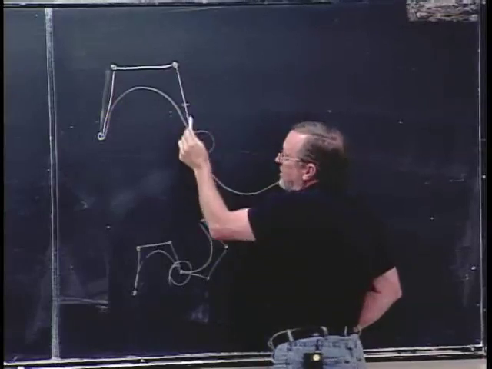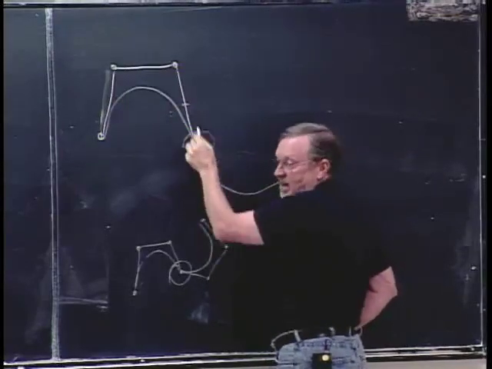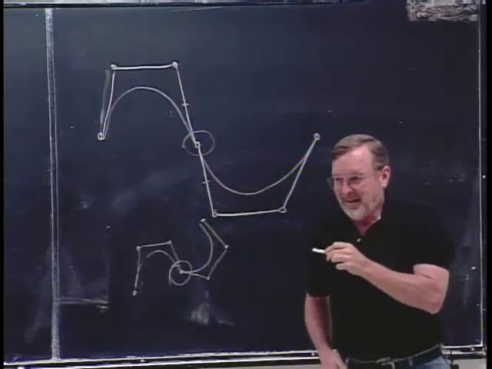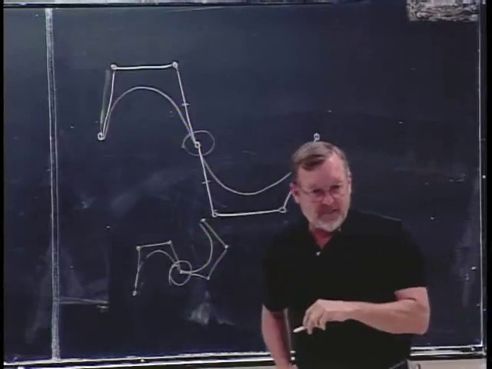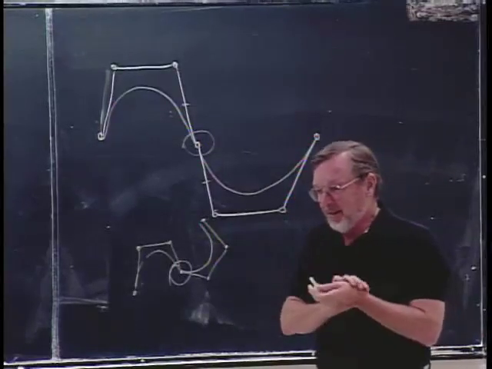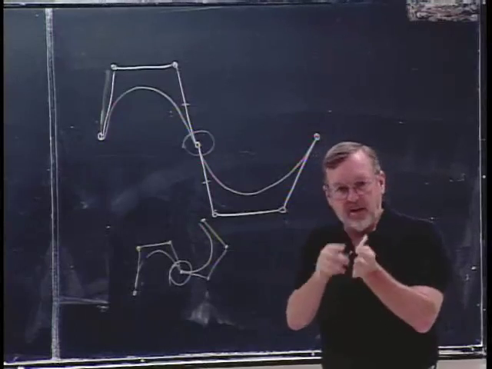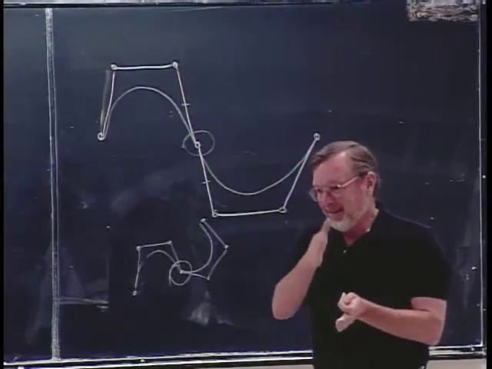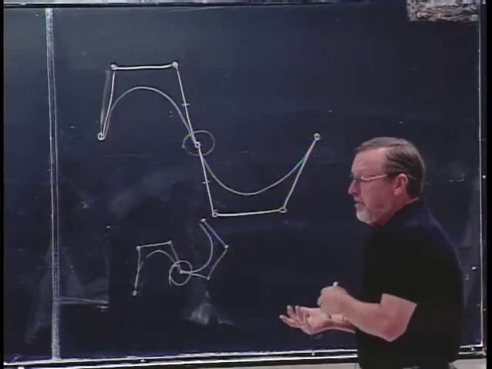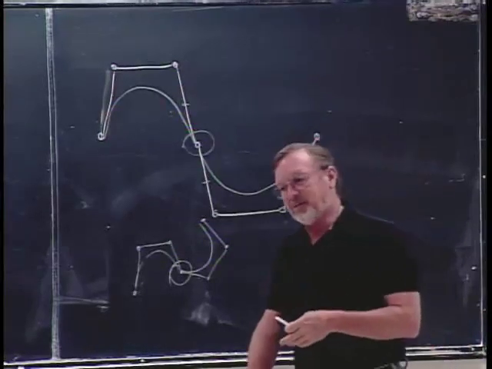And so we typically do that by making sure that these two lines here are exactly the same length. Okay? If these two lines are exactly the same length, then the derivative on one and the derivative of the other are identical. So this means that not only do they come together, but their first derivatives are the same. Okay? And those are the things that we usually like to do. Actually, in many cases, we want the second derivatives to always be the same.